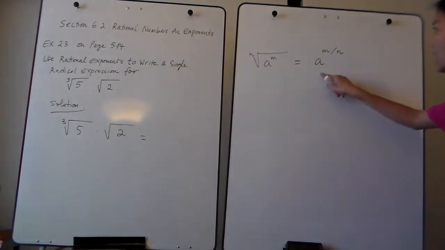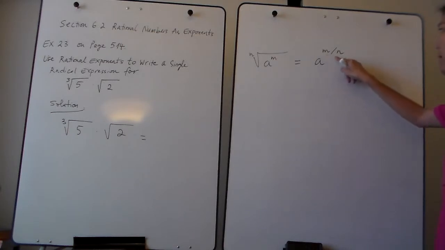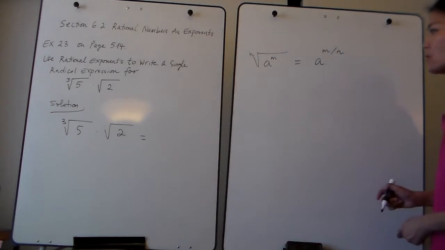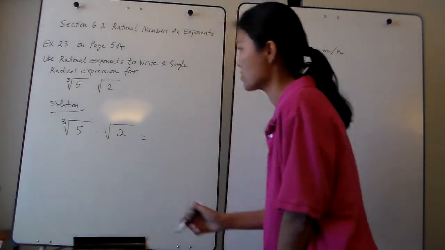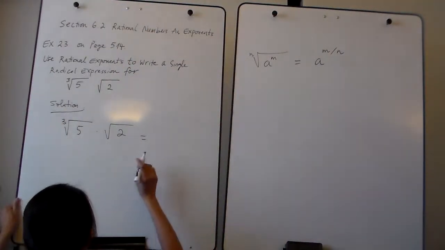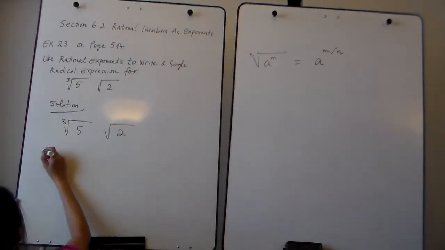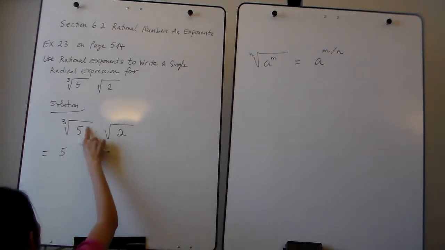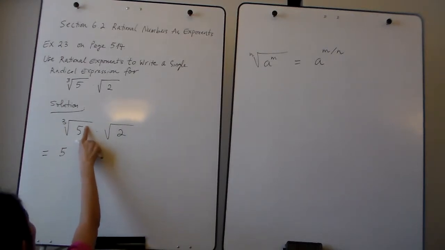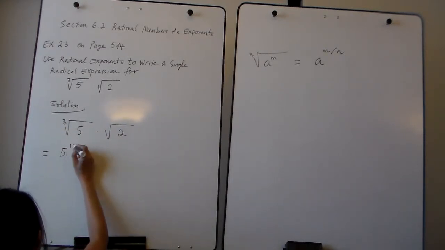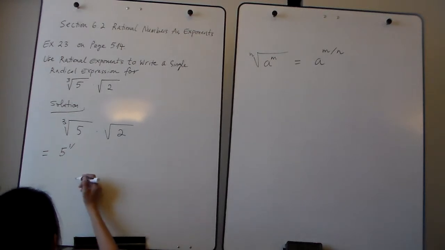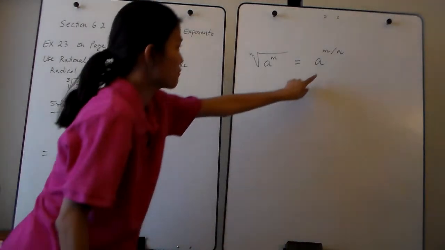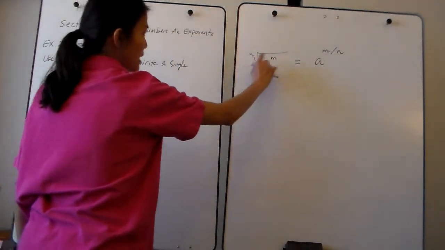So we have a raised to m divided by n, and m divided by n is the exponent. So for this cube root of 5, I can convert this to 5 raised to, now you don't see the exponent here, it means 1, so it's 1 divided by the root, which is 3. Using this formula, m divided by n.